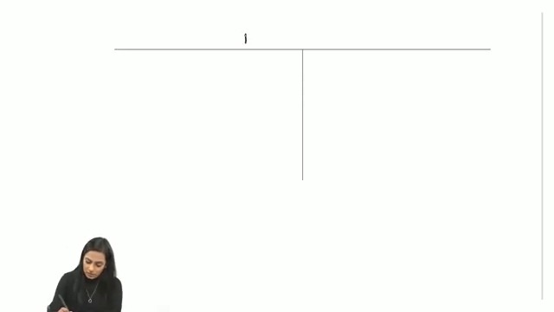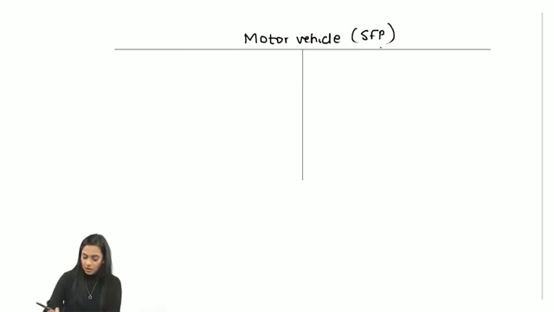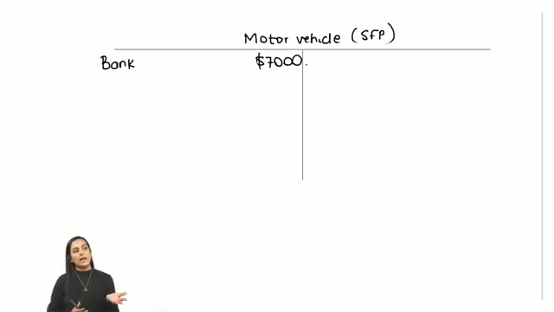Here we go. Motor vehicle. And it's an asset, so it will appear on the SFP. On the debit side, you have bank, and that was 7,000, wasn't it? Okay. And on the credit side of bank, you have a motor vehicle, 7,000.